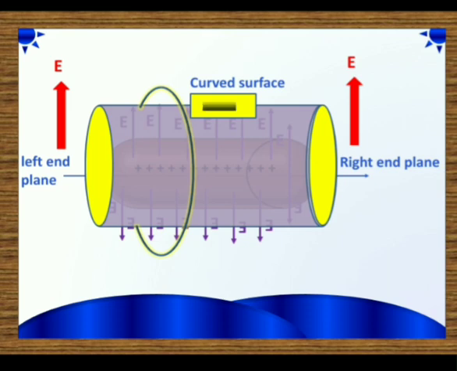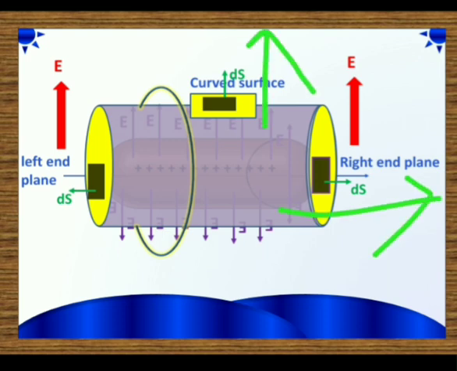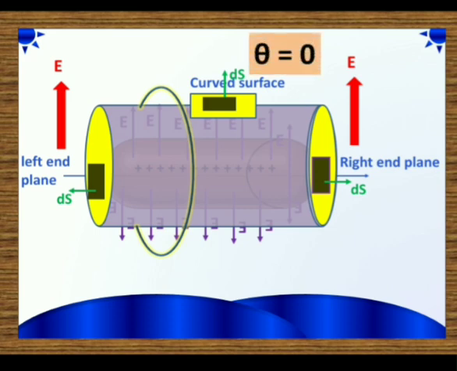Now, see what I am doing. I am taking a small area ds for all these 3 surfaces. If I draw the normal to ds, it looks like this: for the curved surface it is in that direction, for the right end plane it is in this direction, and for the left end plane it is like this. Now, what is the electric field direction? Always the electric field is like this only.